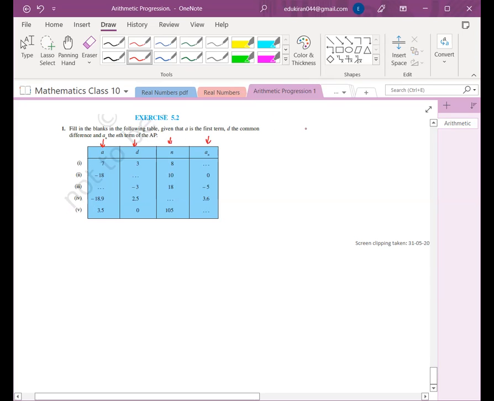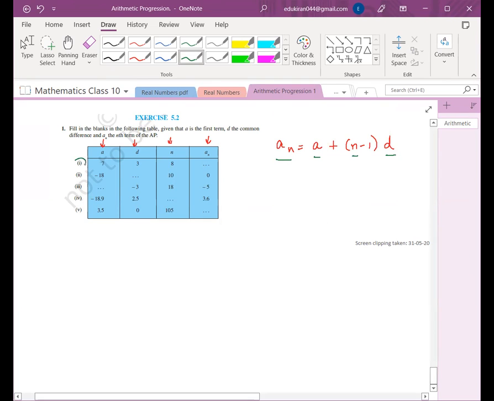Very carefully look at this formula: AN is equal to A plus N minus 1 into D. So there are four variables in this equation. If you know three, you can always find the fourth one. Just put the values and find the fourth one. Any three will be given to you and the fourth one you have to find.